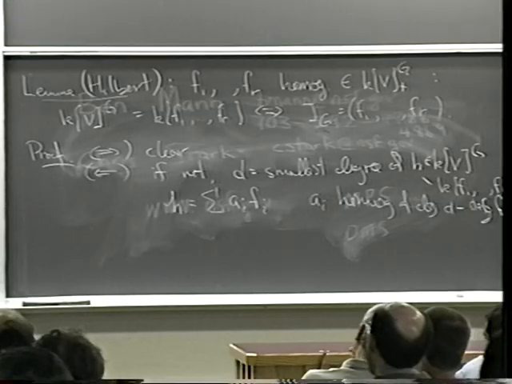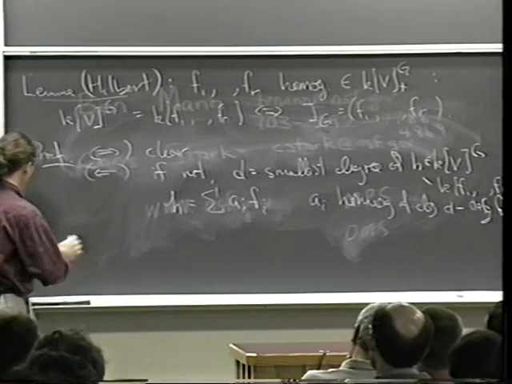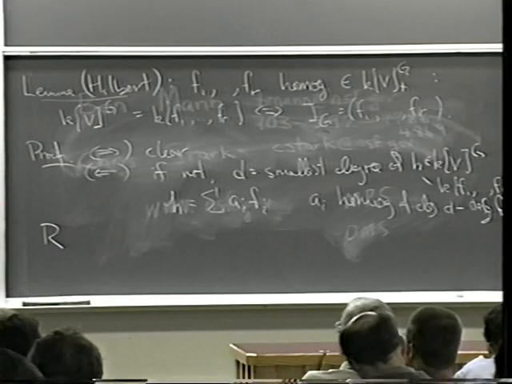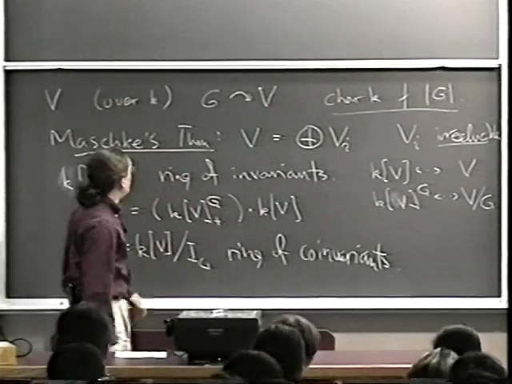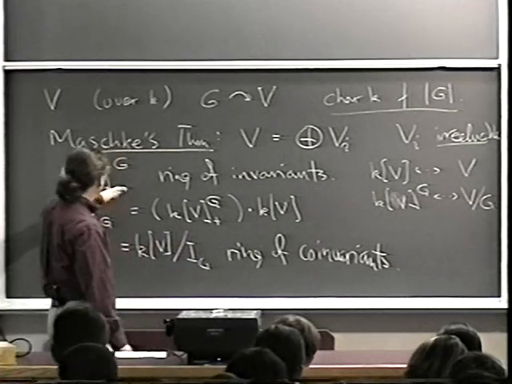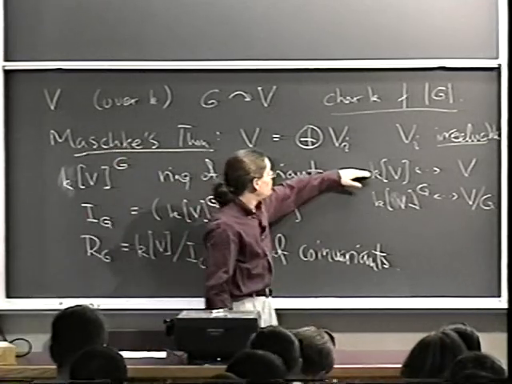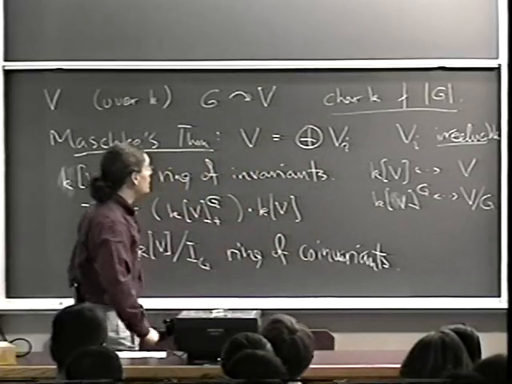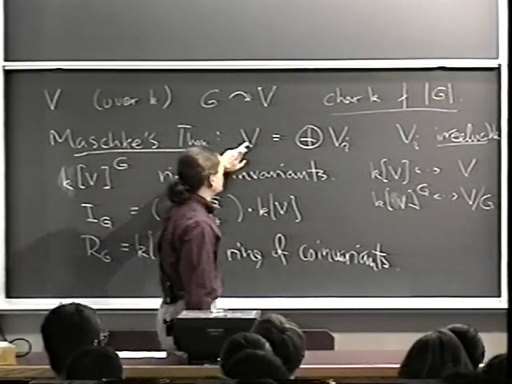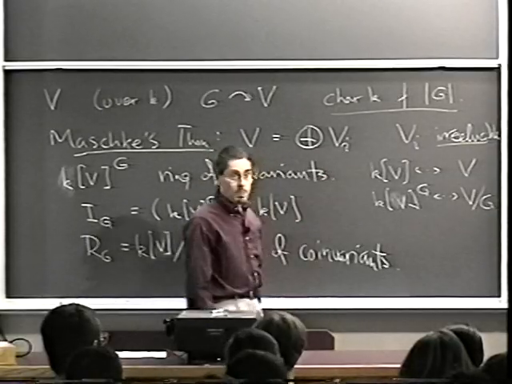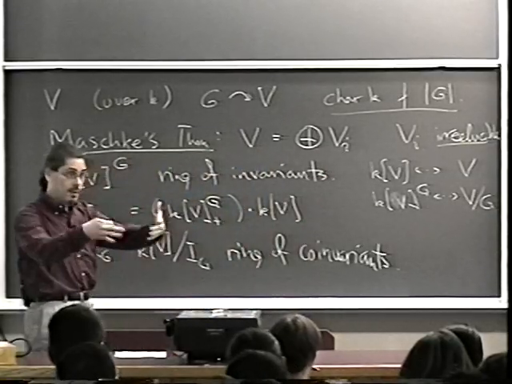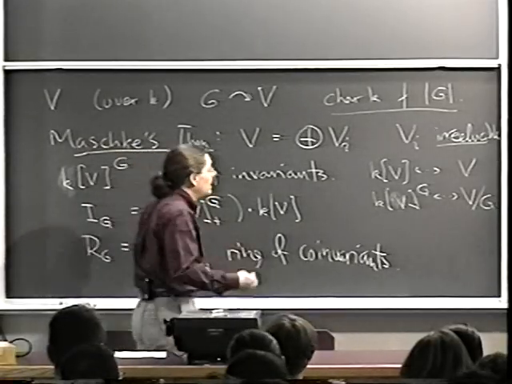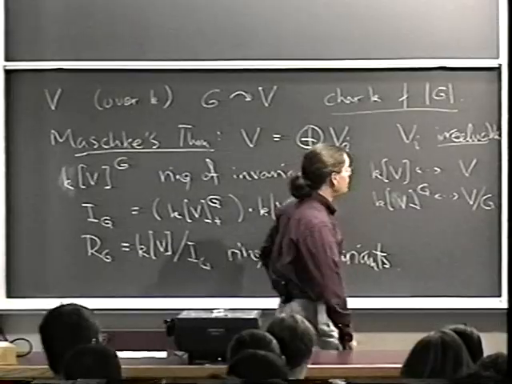I should introduce, in fact, a concept at this moment, which we'll need later. We want to consider, right, so by complete reducibility, this polynomial ring in every degree is going to decompose into a direct sum of irreducibles, and among those will be the invariants. So the ring of invariants is going to be a direct summand of the whole polynomial ring as a representation of G, and actually as a module over itself.